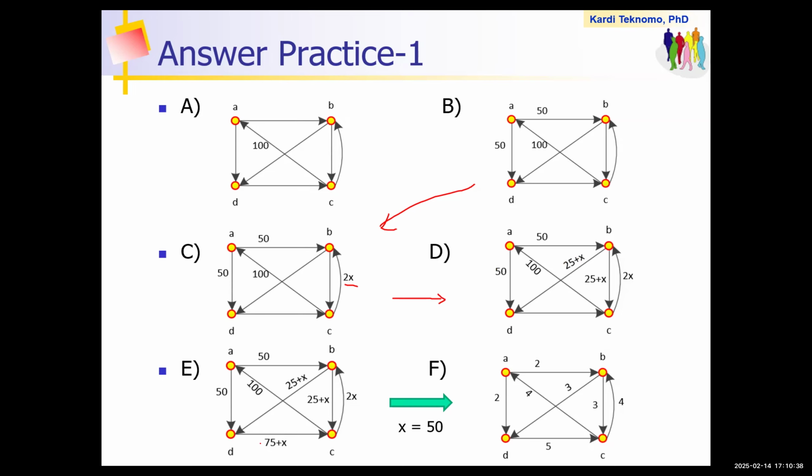Coming into node C, you have 25 plus x plus 75 plus x, so 100 plus 2x, which is correct because 100 goes back there and 2x goes there. So this is pretty much done, we just don't know what x is.